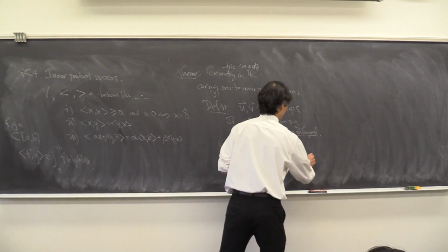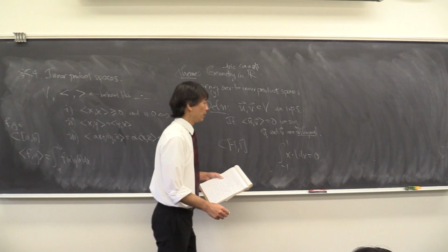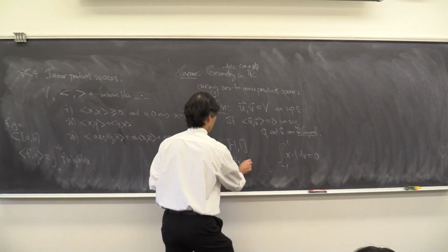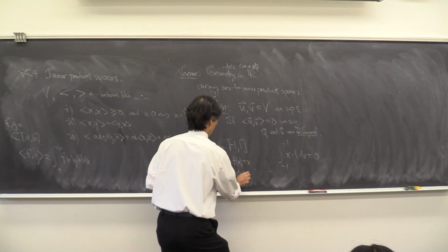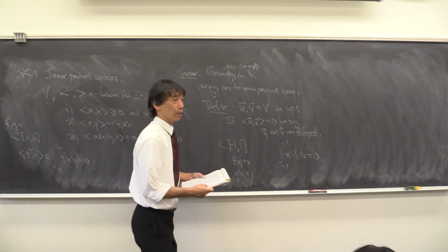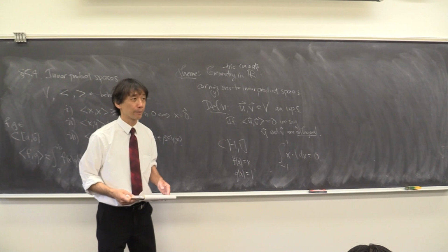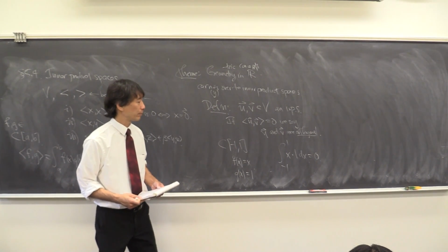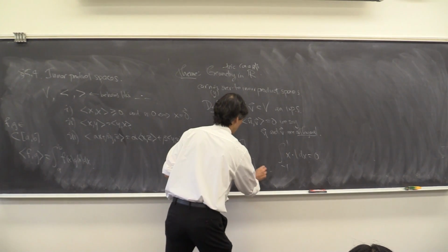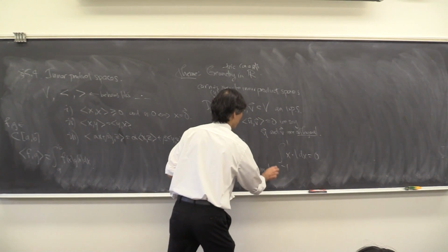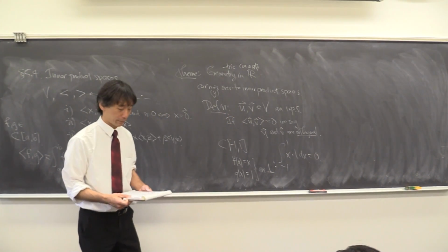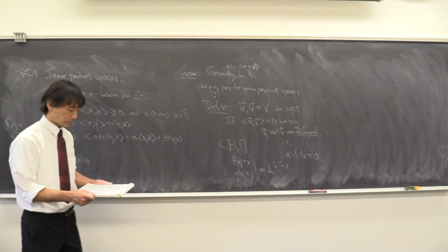What that tells you is that the function x and the function 1 are orthogonal to each other, because their inner product is 0.